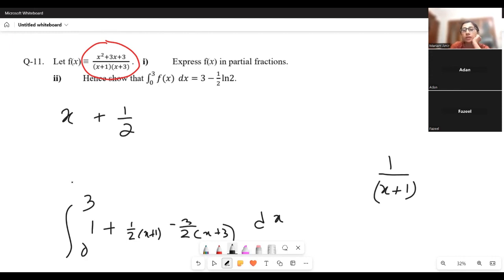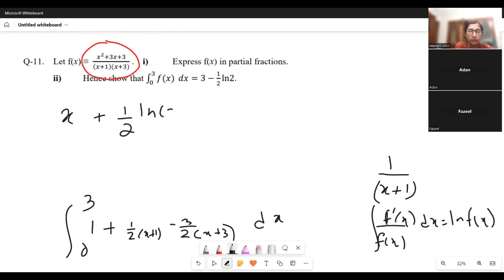इसकी क्या होगी integration? हमें पता है कि if we have an fx in the denominator and its derivative in the numerator, then the integration of that is ln fx. That's the case. We have x plus 1's derivative in the numerator, which is 1. So this just becomes ln x plus 1.